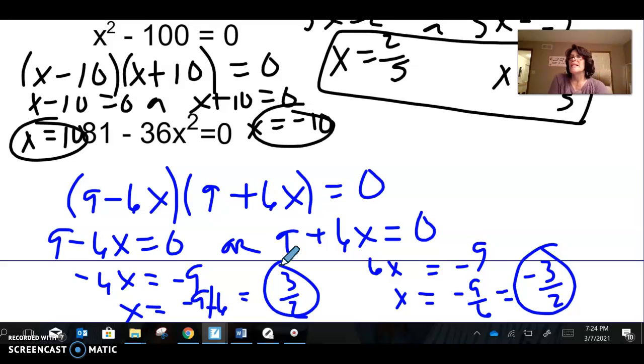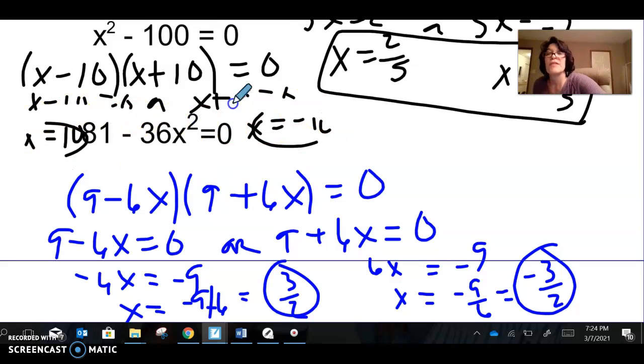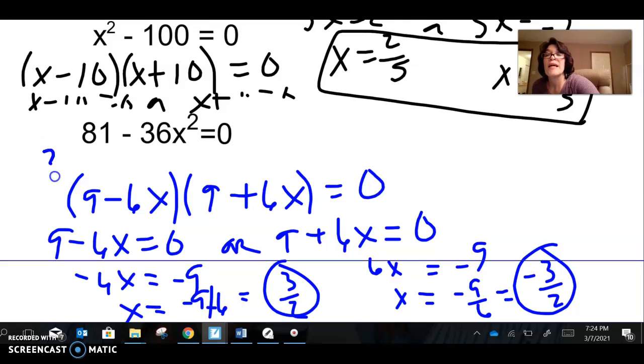What I wanted you to see is we got the right answer, but what I could have noticed in the very beginning of this particular problem is that I could have taken a 9 out.